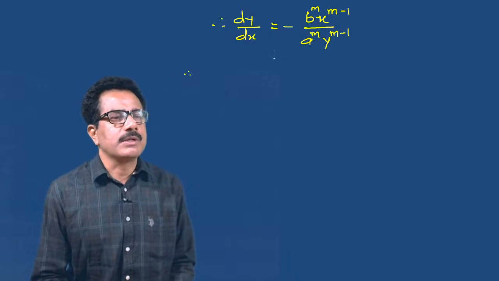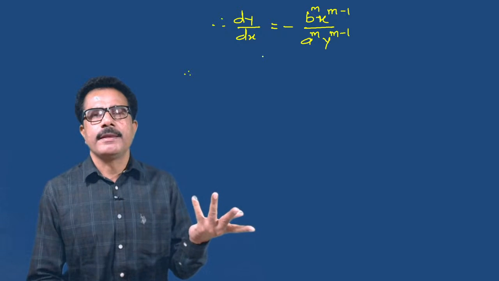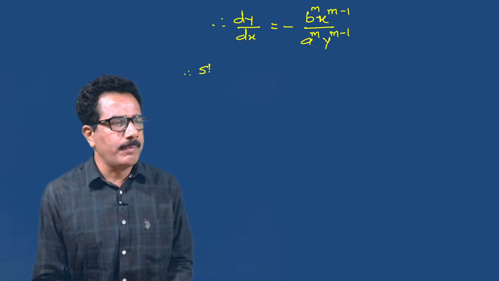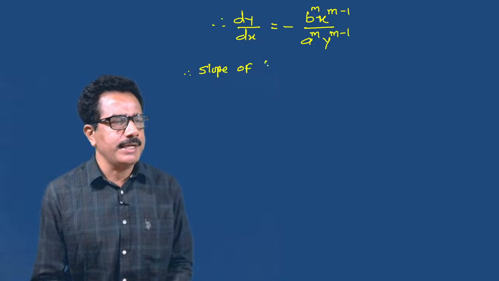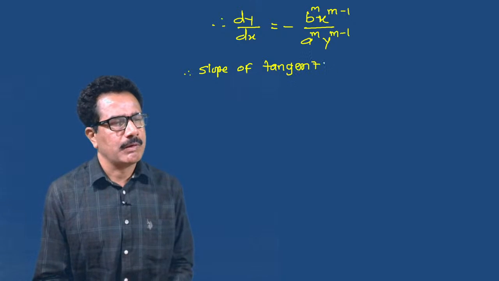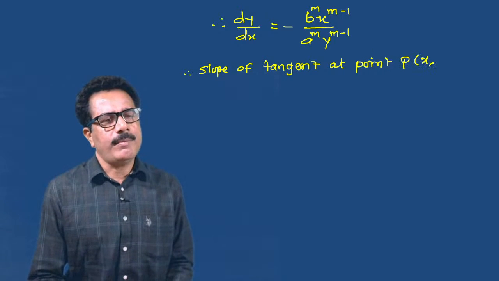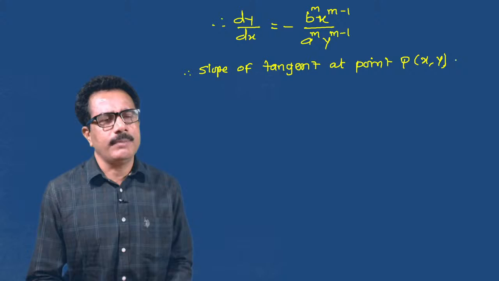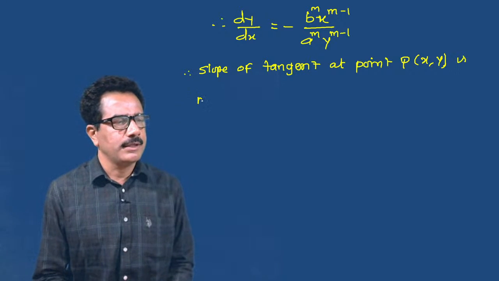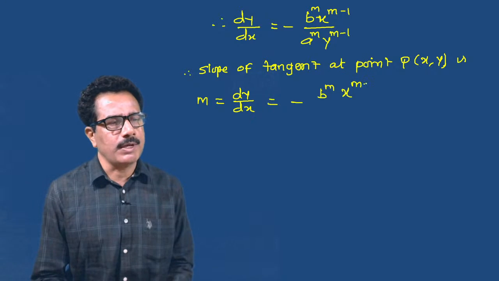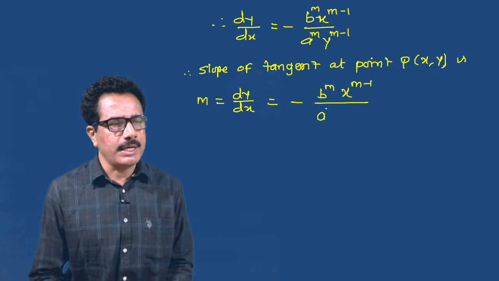Therefore dy by dx equals to, now we have to find out the variable slope. हमें x and y की जगह पे स्लोप निकालना है, तो सेम है x and y. So slope of tangent at point P(x, y), this is a variable point, so don't worry about this, you can write m is equals to dy by dx equals to as it is minus b raised to m into x raised to m minus 1 upon a raised to m into y raised to m minus 1.